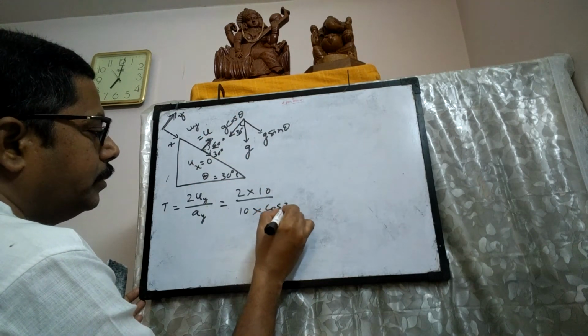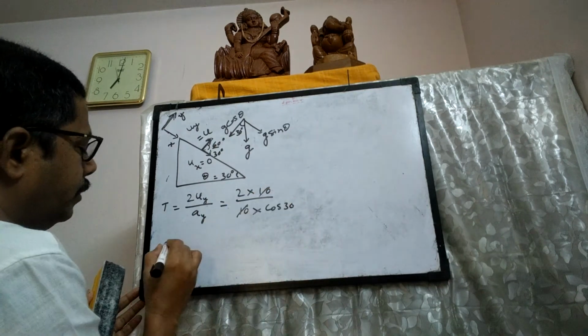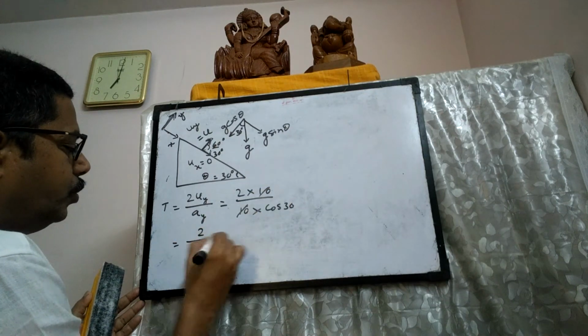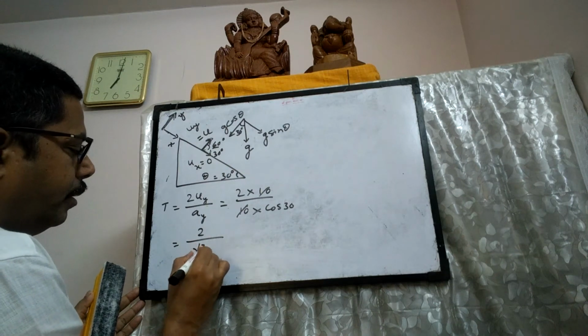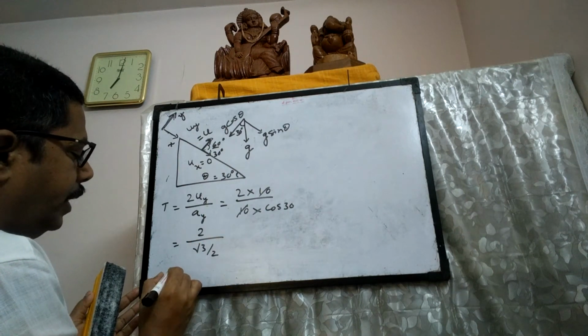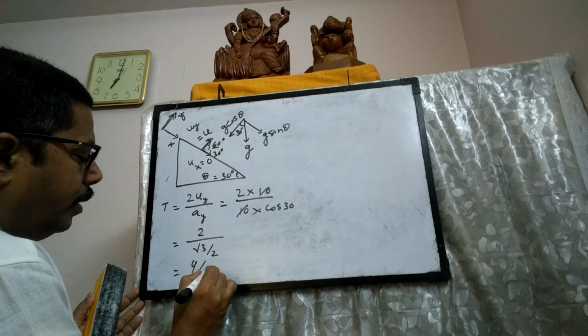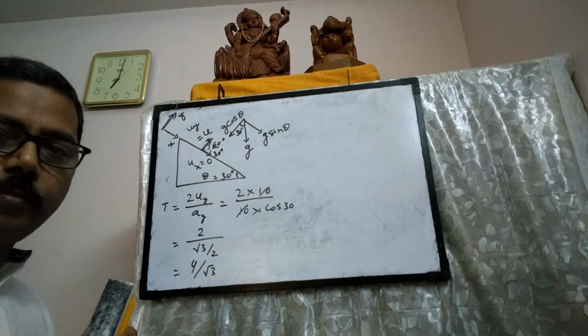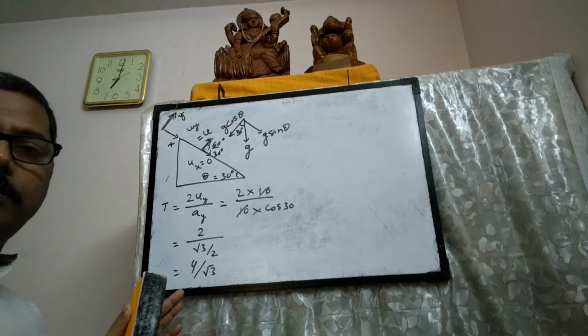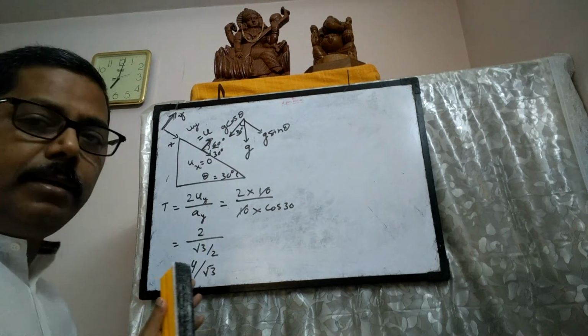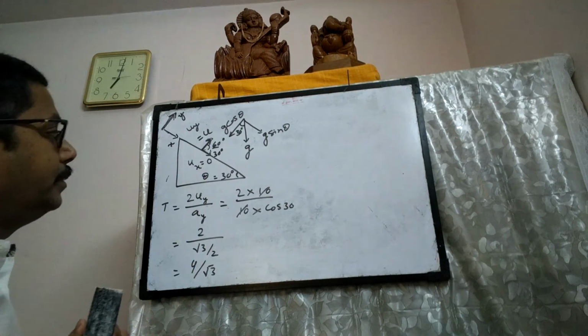Cos 30 is root 3 by 2. So it is 2 into 10 by 10 into root 3 by 2, that is nothing but 4 by root 3 seconds. Okay. That is the time of flight.